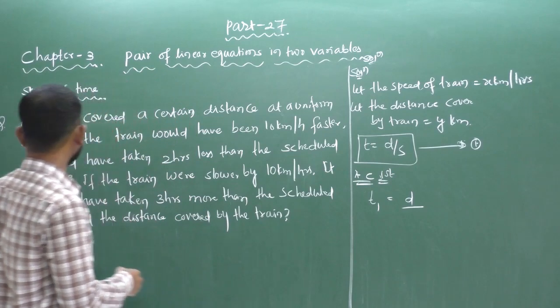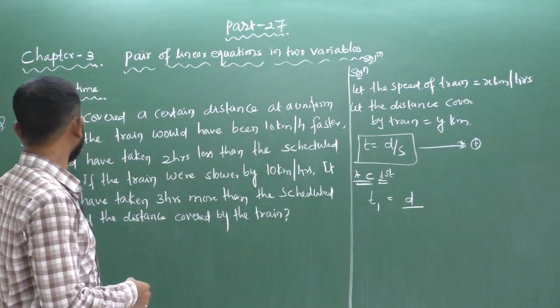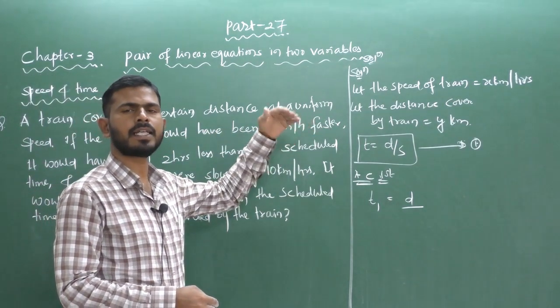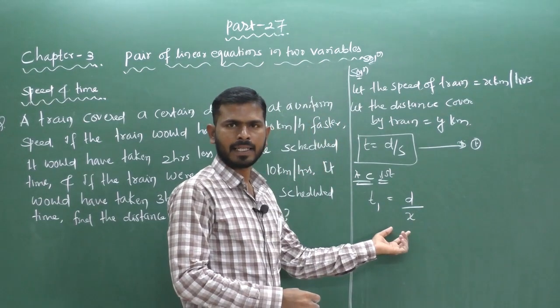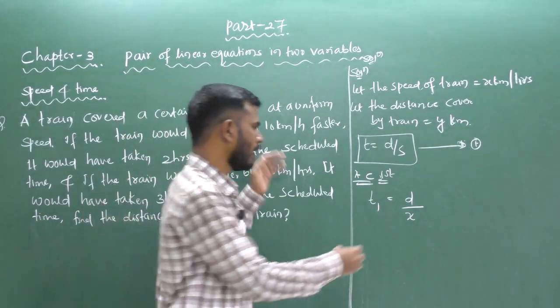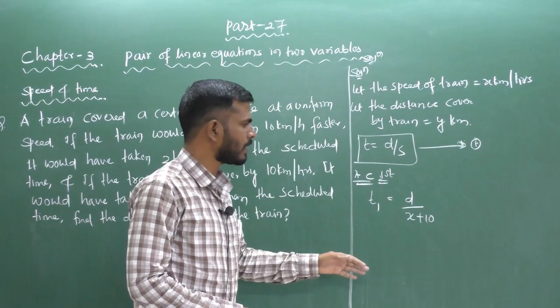If the train had been 10 km per hour faster, you can take the speed as follows. The initial speed is x. Now you have to increase the speed by 10 km per hour, so I take x plus 10.